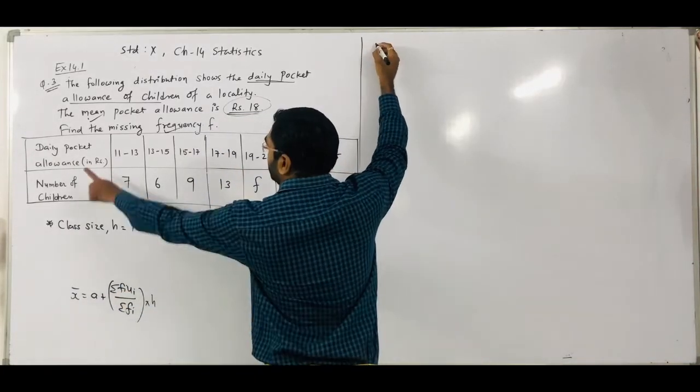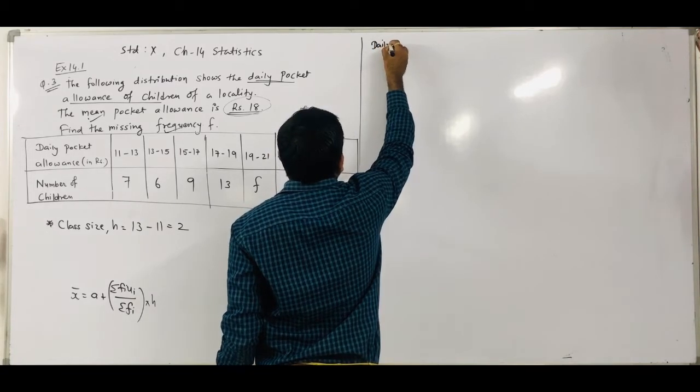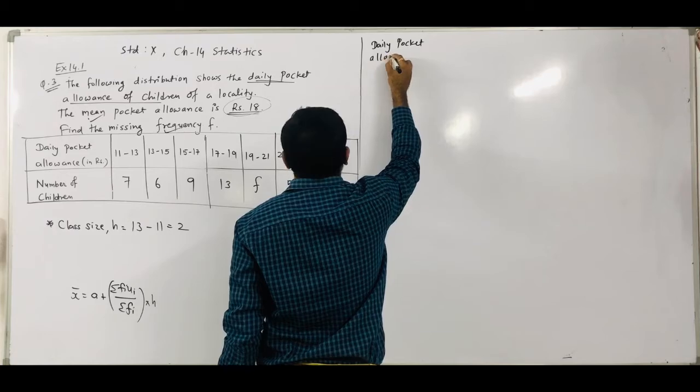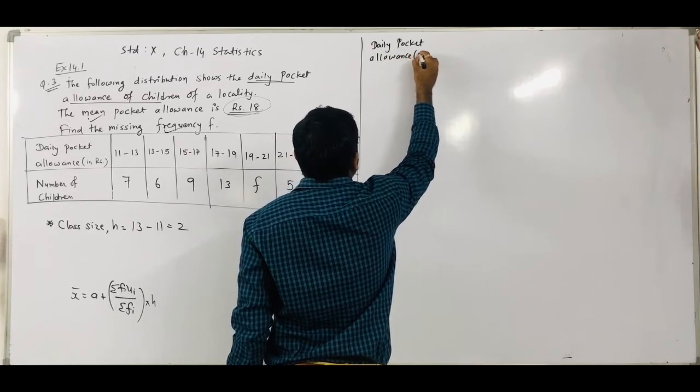So I write the table. First, the daily pocket allowance, which is given in rupees.